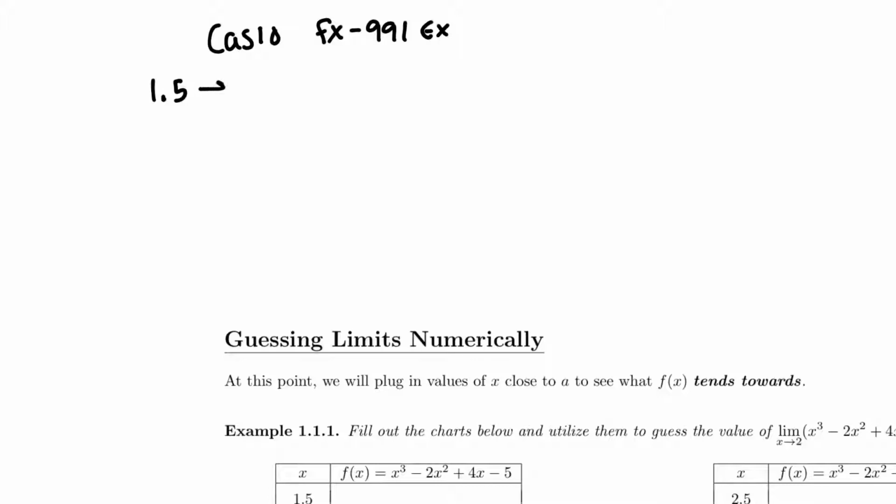You type in the number you want to store, you click on the STO button, and then you click on the X button, and that will store it in the X variable, and then all you have to do is push the X button whenever you want to put an X in.